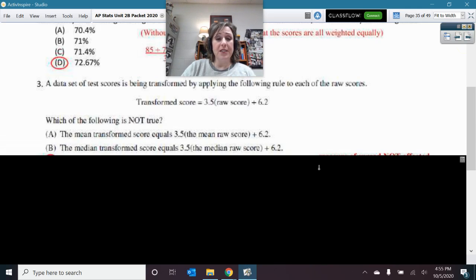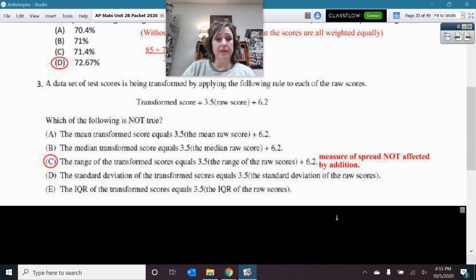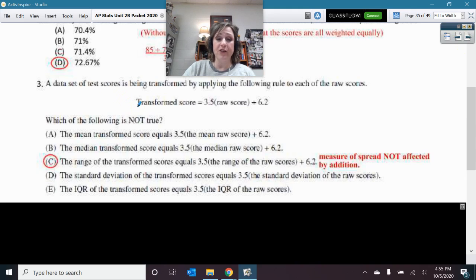Next, this was an actual AP question, FYI. So here, they have a transformed score, 3.5 times the raw score plus 6.2. So look at how they kind of made this more than just can you compute. They asked which is not true.